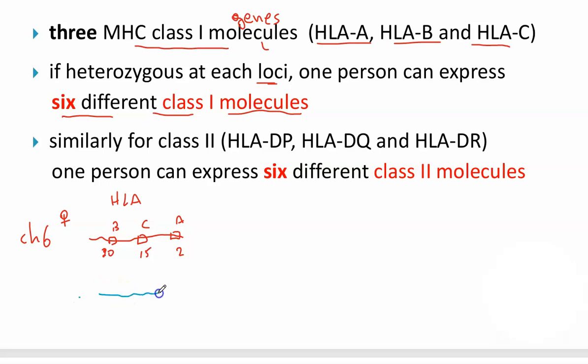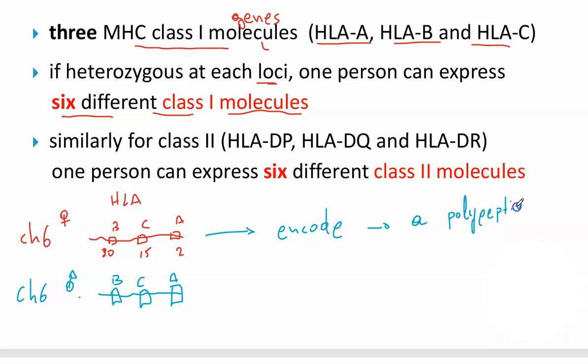This person also inherits a chromosome 6 of paternal origin with the same, of course, genes. And when I say genes, I don't mean alleles though. The genes that, when encoded, express the alpha polypeptide chain of the MHC class 1 molecule.